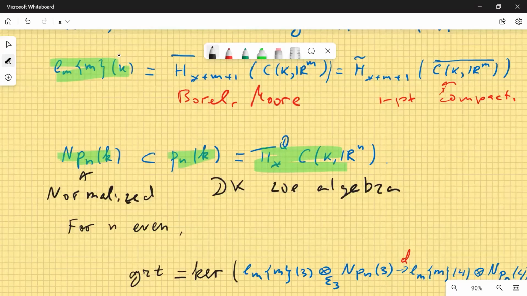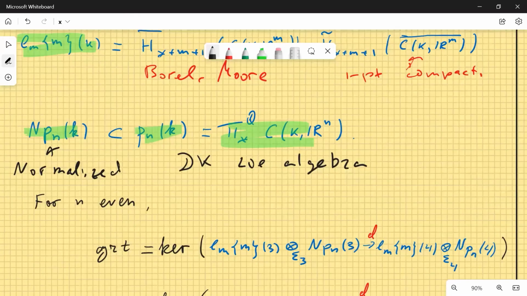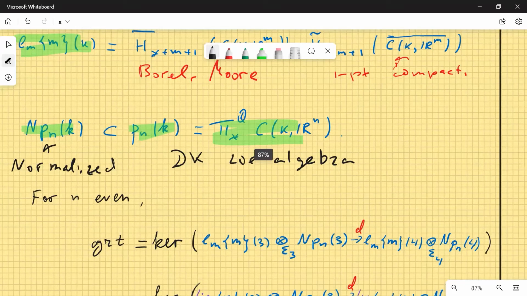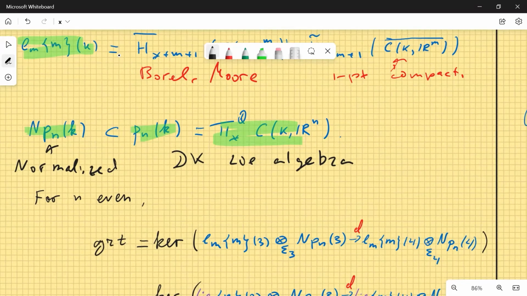And we actually get this GRT as a kernel of this map, right? And so it's really the part of the homology which is in this term. I should say that this d is really the pentagon relation. So the pentagon relation is encoded by this differential.